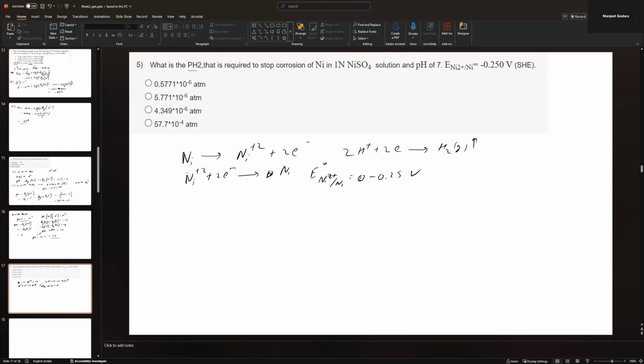So you can calculate the equilibrium potential. The anode equilibrium potential is given. Equilibrium potential E is equal to E naught minus 0.0592 over 2 log of 1 over the nickel ion concentration.